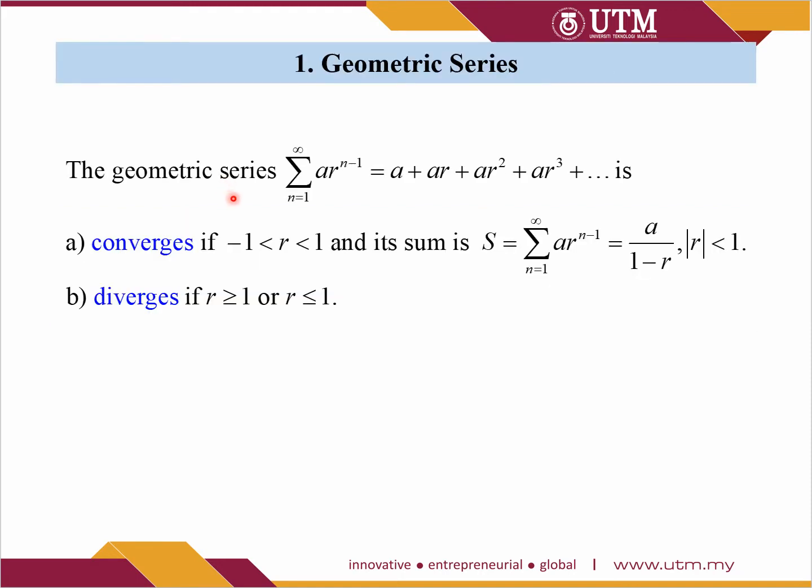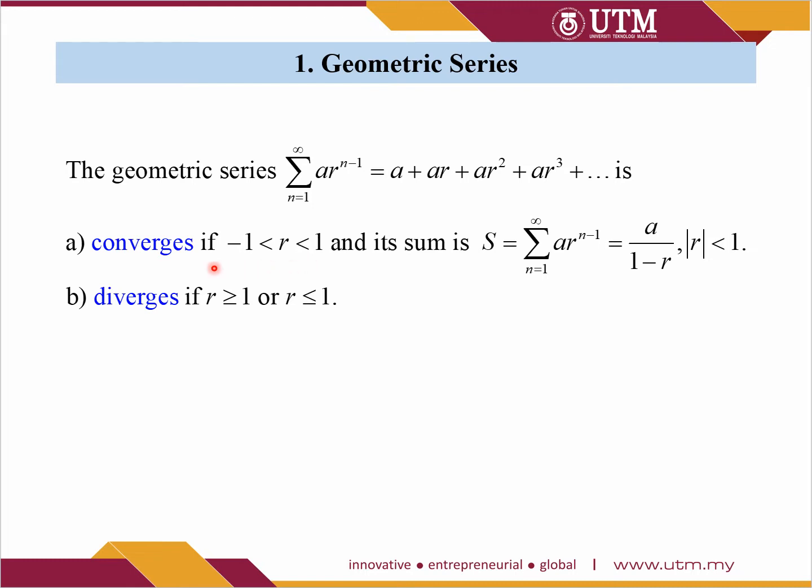The geometric series can be written in this form, where it is the summation of a times r to the power of n minus 1, where n starts from 1 up to infinity. So a is the first term of the series, and r is the common ratio. The geometric series converges if the common ratio r is between 1 and negative 1.